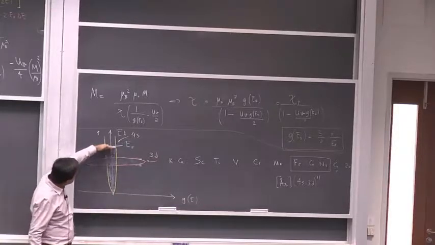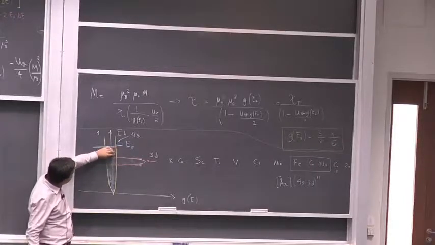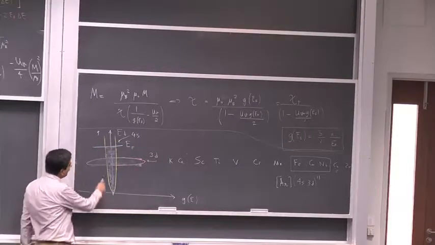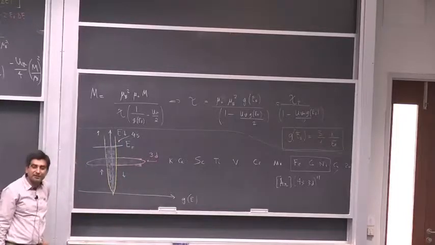Now since the Fermi level lies here, both of these bands, in both the spin split subbands, are going to be filled up to the Fermi level. Now you have the same number of spin up and spin down electrons, and the sample is unmagnetized.